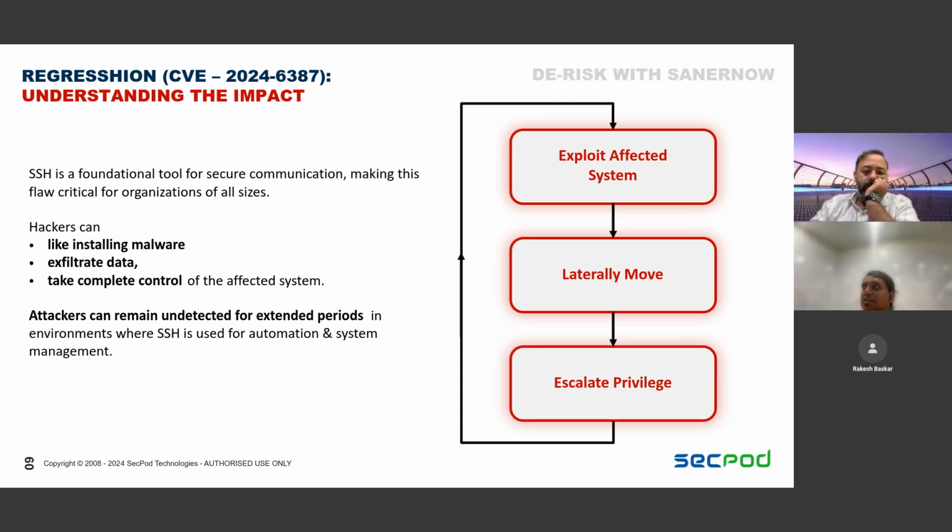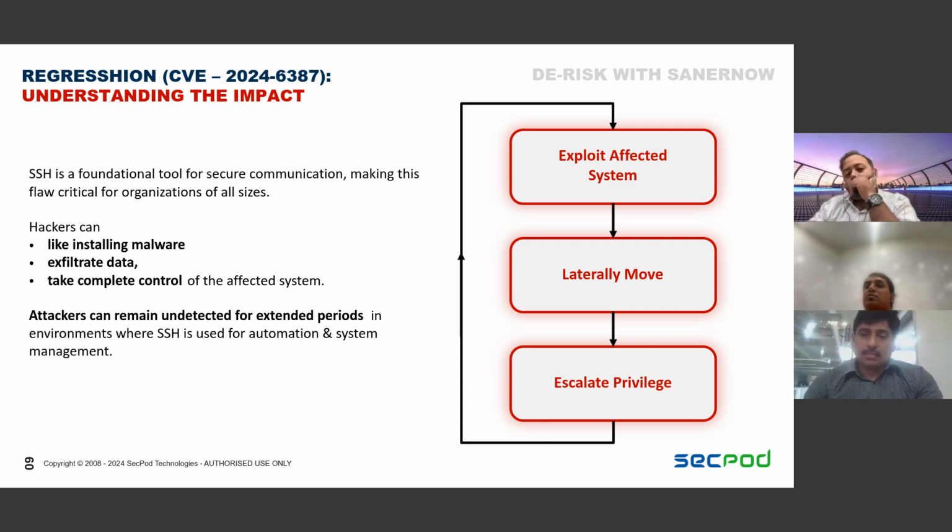In that case, the threat actor is literally able to get into the bastion server or the production server. He will be able to get root access by executing remote code execution, and also he can deploy ransomware, or he can literally encrypt all the data.